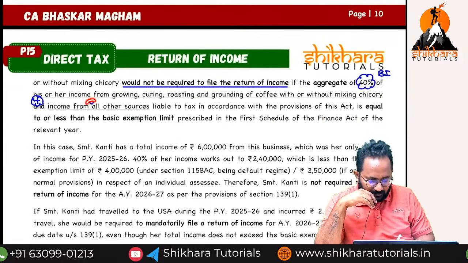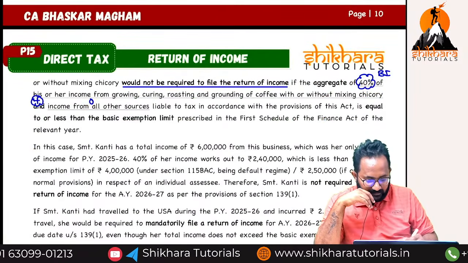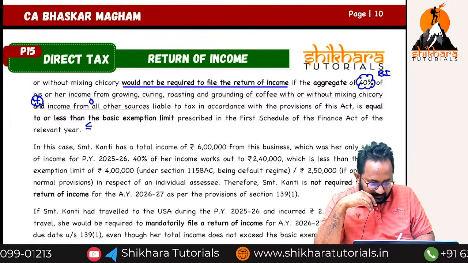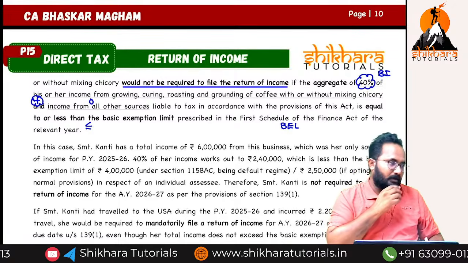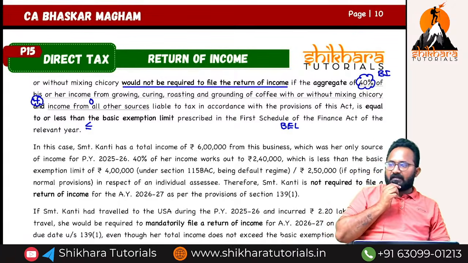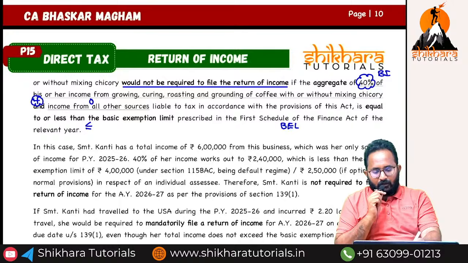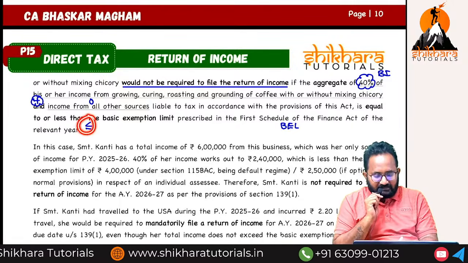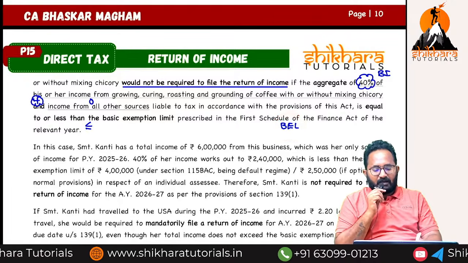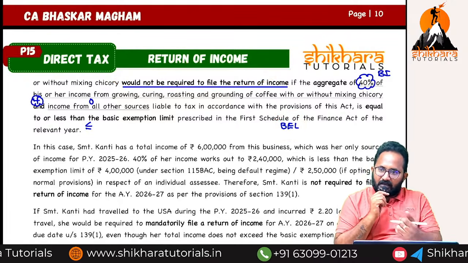In our example, 40% of this and other sources income we have to take. Other source income is 0. If that is equal to or less than the basic exemption limit, simply your business income and other sources related income is less than the basic exemption limit, we are not required to file the return.